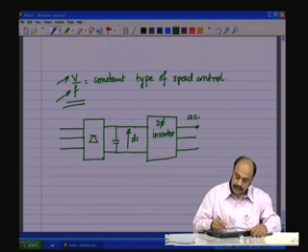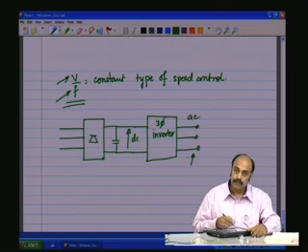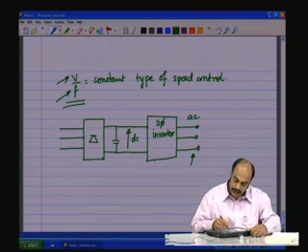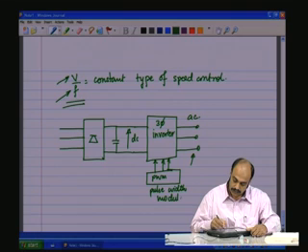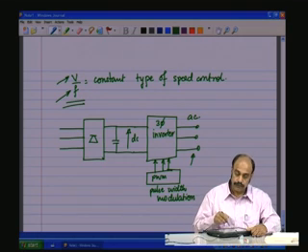But the 3-phase AC here, the frequency can be controlled by giving PWM or pulse width modulation. So by pulse width modulation, the frequency of the inverter here can be controlled from 0 to 50 hertz or even greater.